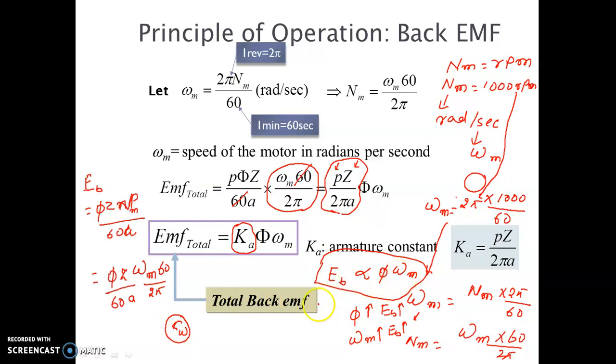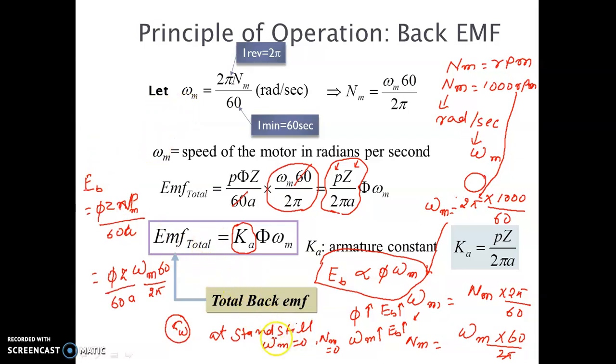If the armature is at a standstill, what is the meaning of standstill? Omega m, the speed of the motor, is 0, or Nm is also 0. So the motor is stationary. If omega m is 0, then EB will also be 0. The rotor is not rotating, so the speed omega m is 0, and that is called the standstill condition.